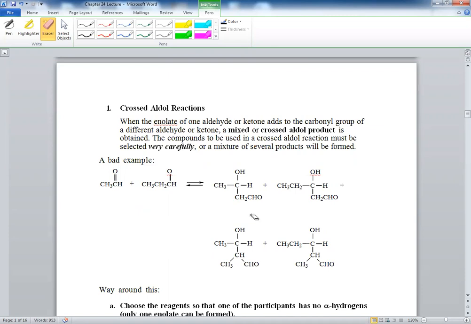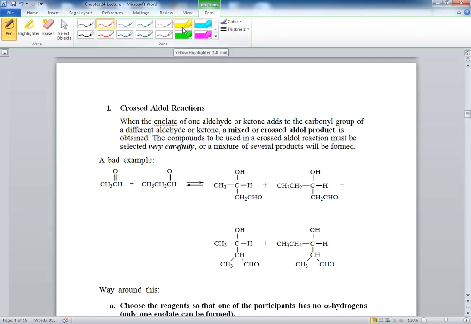You might be thinking, how do you get 4 different products? You can form an enolate, let's say on this one, and it reacts with itself. An enolate, and it reacts with the other starting material. And you do the same thing here. This one can react with itself, and this one forms an enolate and reacts with the other starting material. So let me show you what I mean.